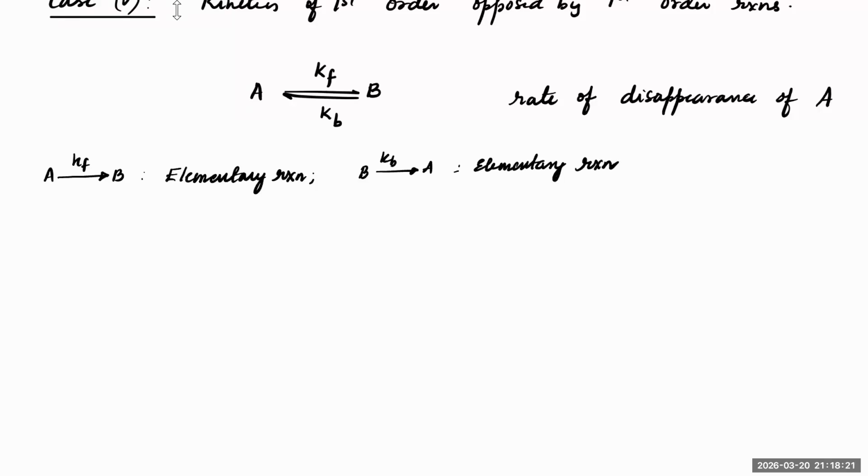Correct? So since it is an elementary reaction, rate in the forward direction, Rf, can be written as Kf into concentration of A, and rate in the backward direction can be written as Kb into concentration of B. Right? So this much we should understand.